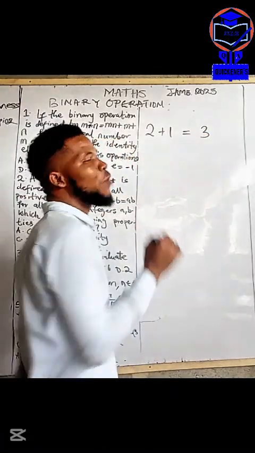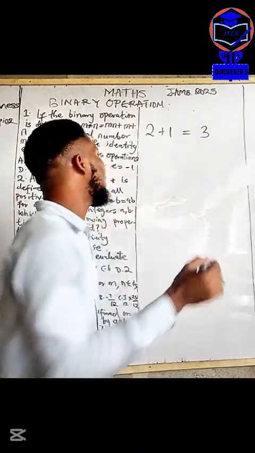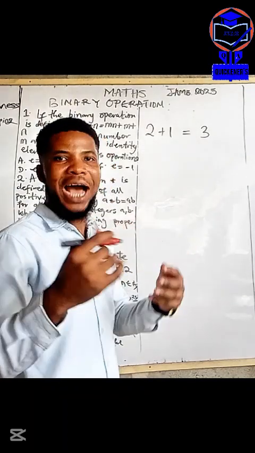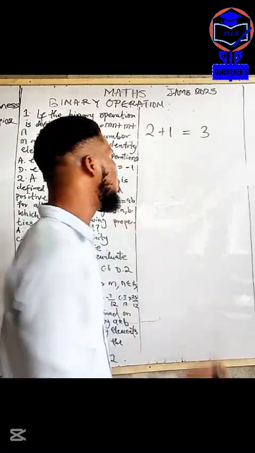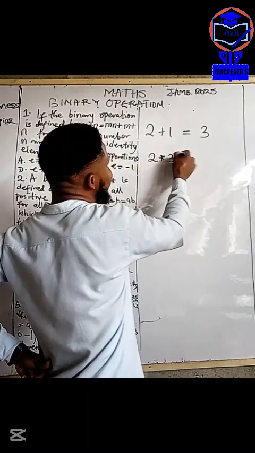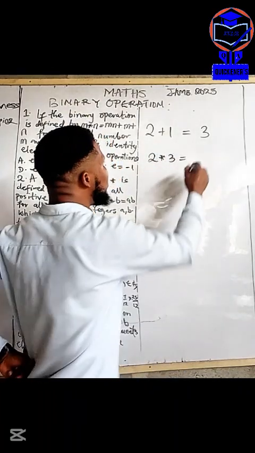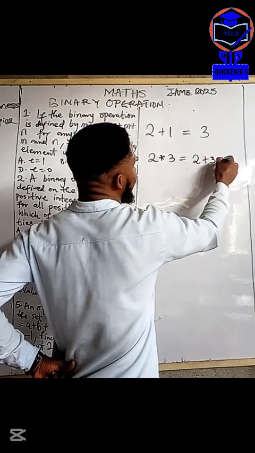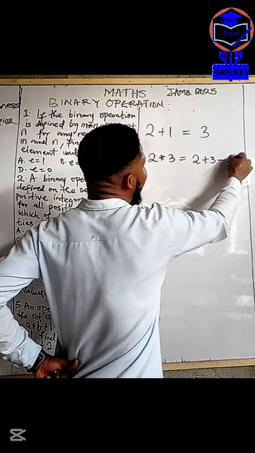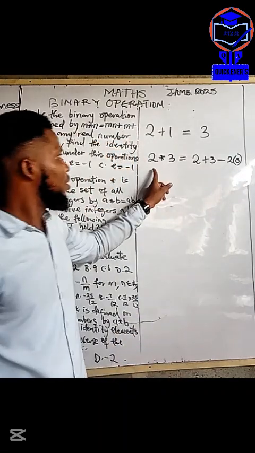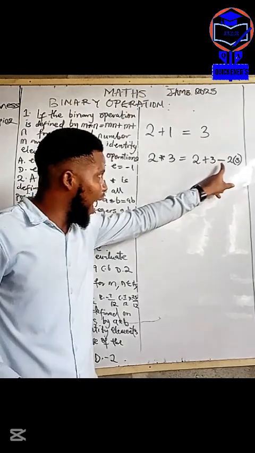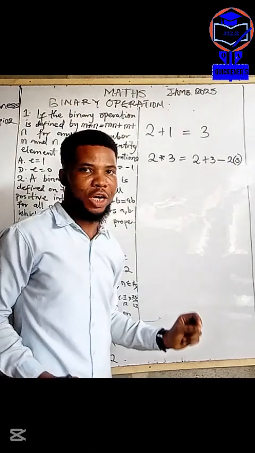Alright? But if we have a more comprehensive or another operation that will represent all these operations. For instance, if I have 2 operation 3 and it's giving me 2 plus 3, minus 2 times 3. Now, this operation includes both the plus and the minus, then the multiplication, alright?